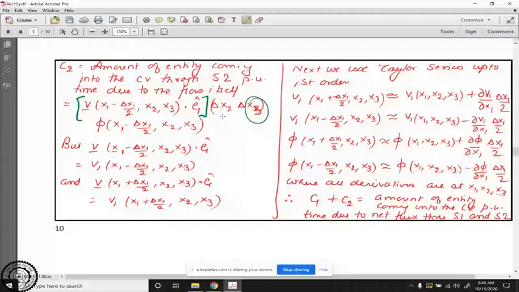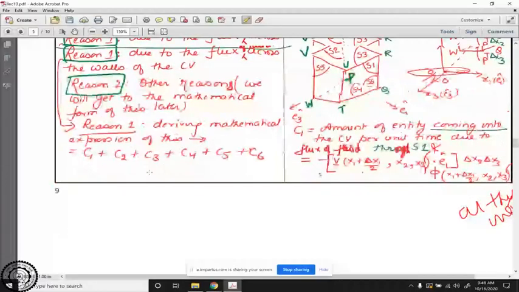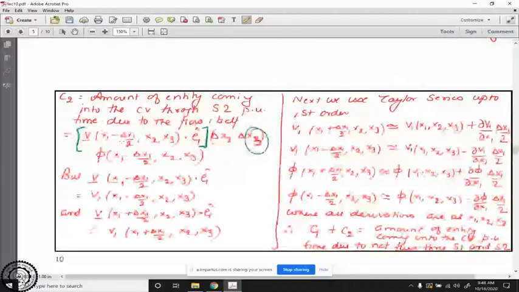And the area again is delta x2 delta x3, and the entity per unit volume phi should also come with the same change in argument, because we are talking about things on the left face, S2, so x1 minus delta x1 by 2, x2, x3. Now see here, there is no negative sign, because when I write V in this manner, I take the default direction of V to be along E1.